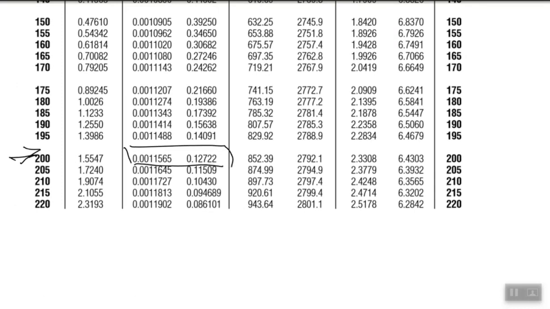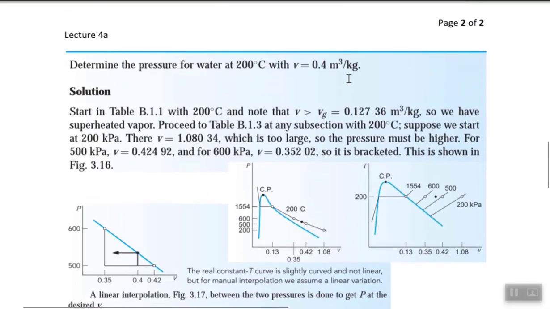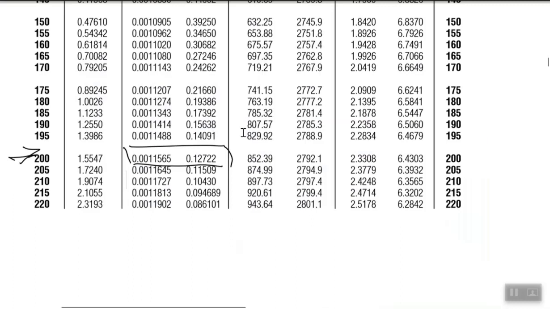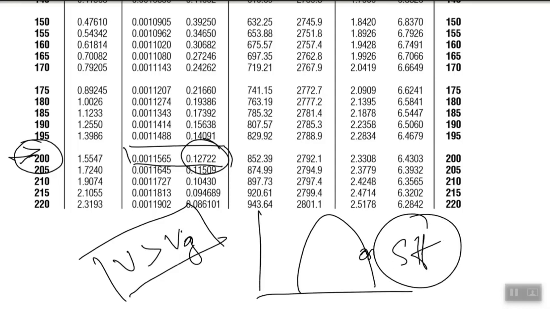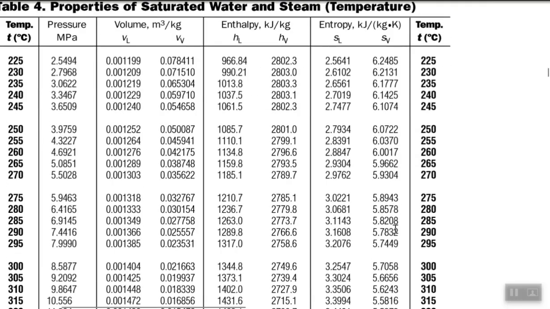Our given volume is 0.4 cubic meter per kg. At a temperature of 200, our volume is greater than Vg. So that means we are in the superheated region now. Let's check the superheated steam table.